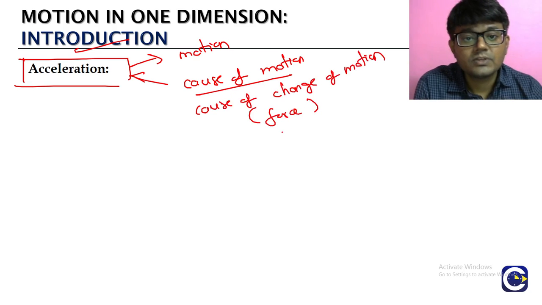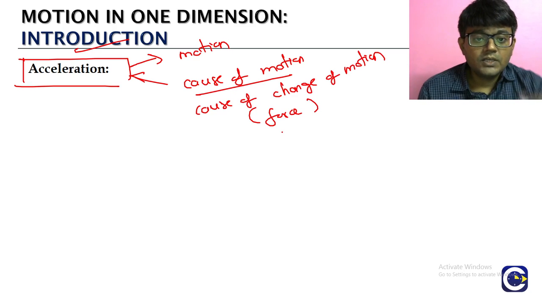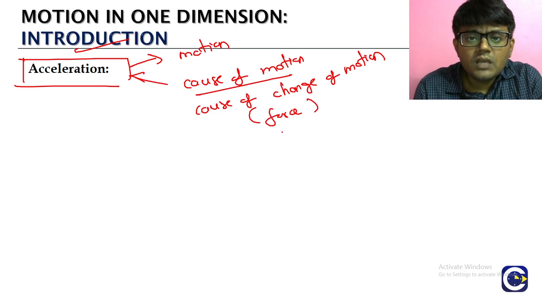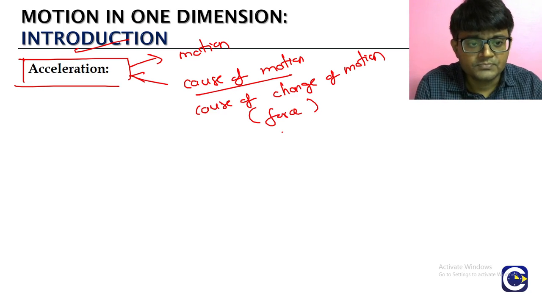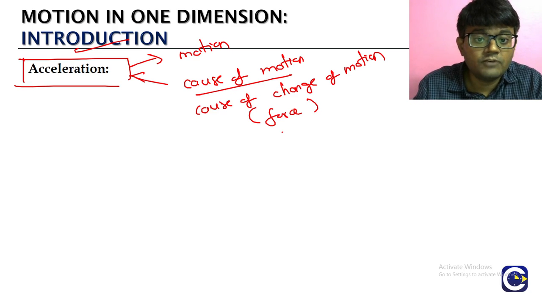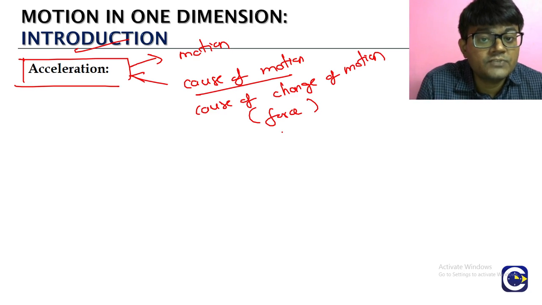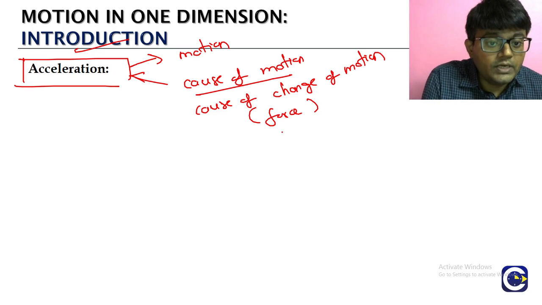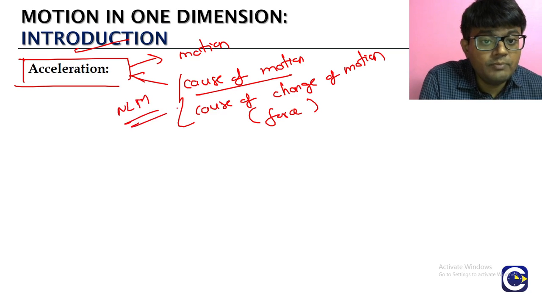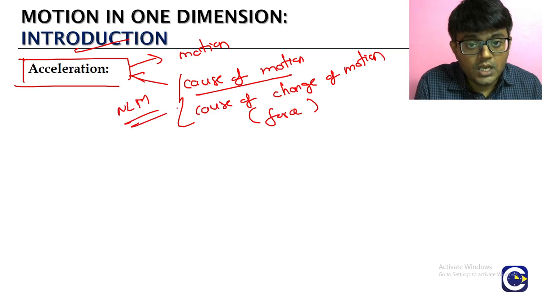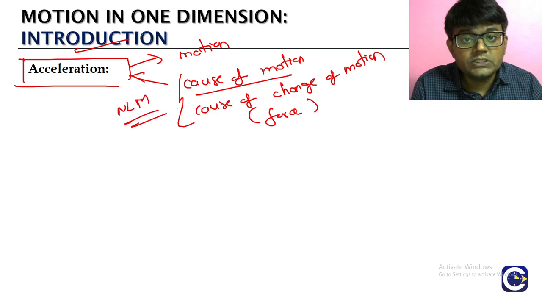Force. Acceleration is the link between what? The motion. So whenever there is a motion, we'll study the motion by using what? The parameters of motion, which is distance, displacement, or speed and velocity. Acceleration is the link between the motion of the object and the cause of motion or the cause of change of motion. So what is that cause of motion or cause of change of motion? Force. We'll talk about this in the Newton's laws of motion chapter, how the force will be able to cause the motion or how the force will be able to cause change of motion.